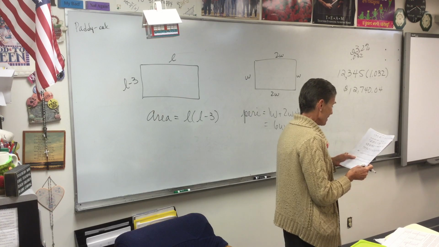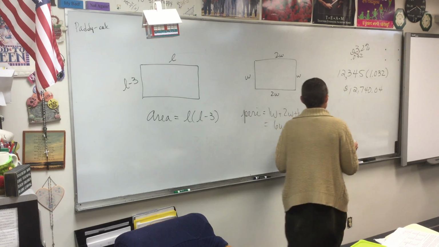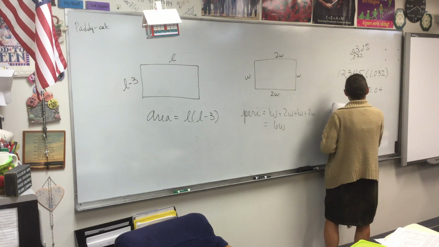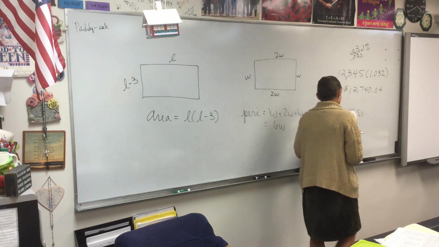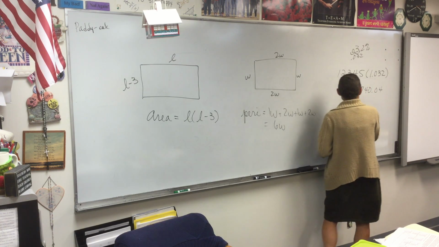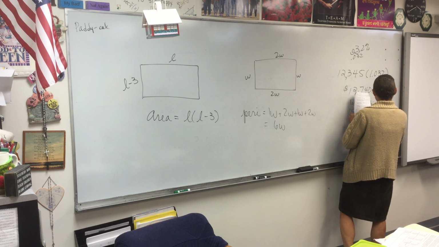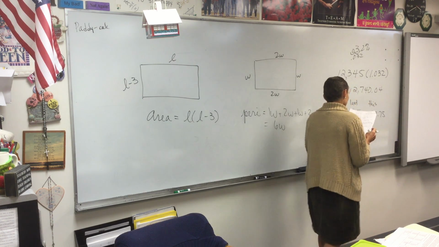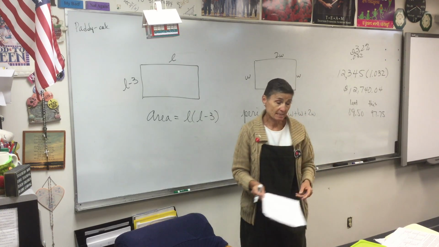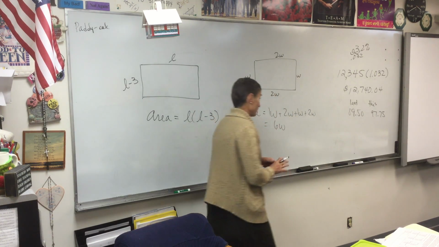I'm happy about that. All right, last year, a Precal book cost $89.50. This year, it costs $97.75. Find the percent of increase. All right, so this is a little bit different kind of problem.